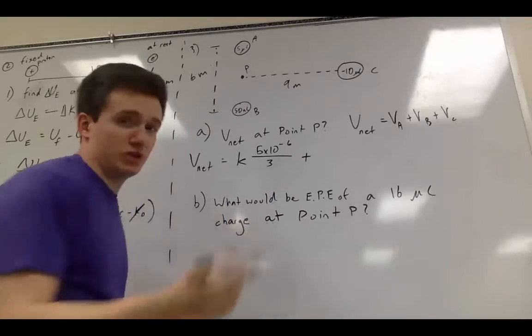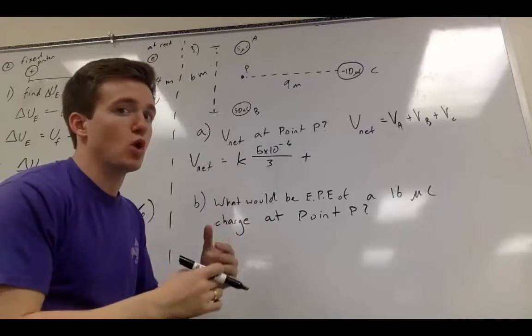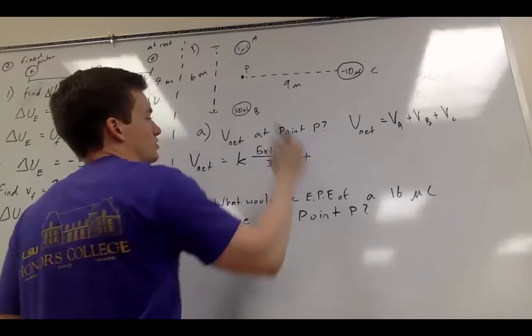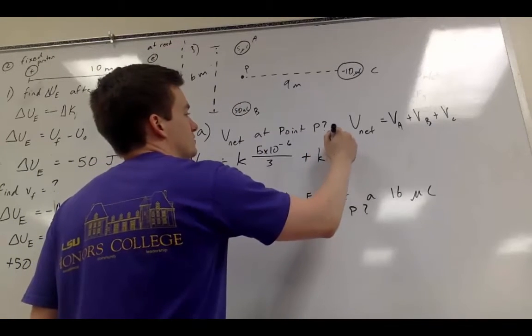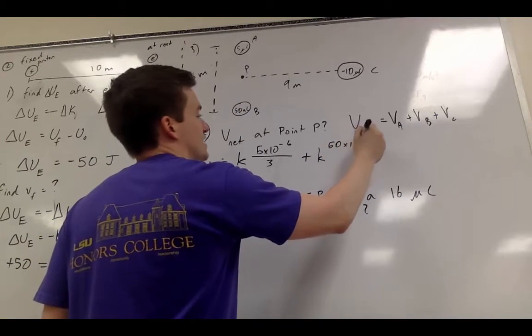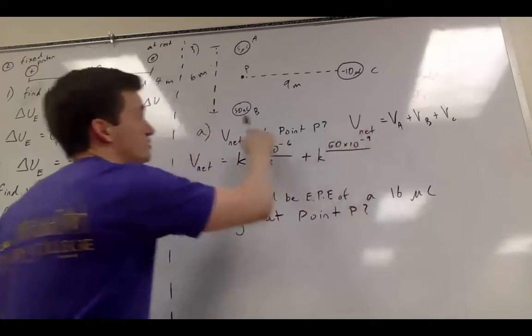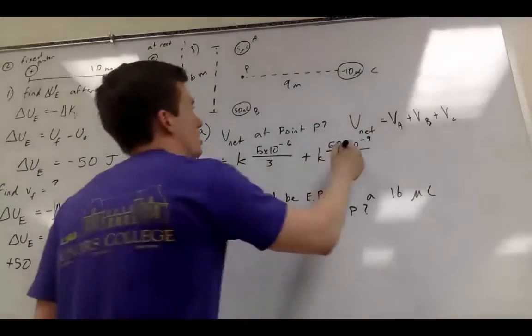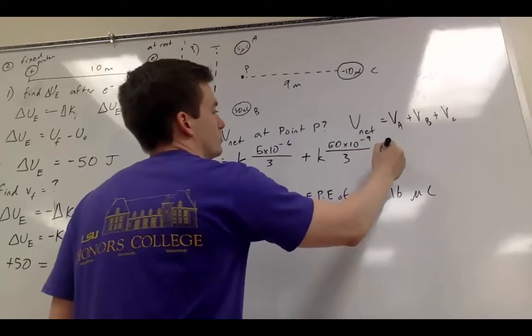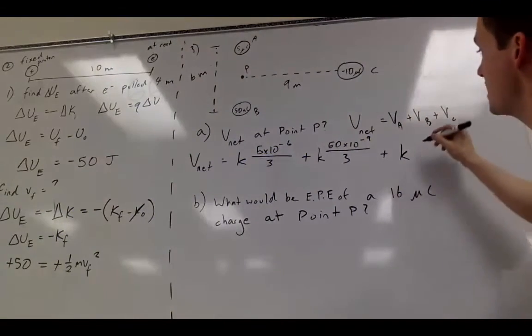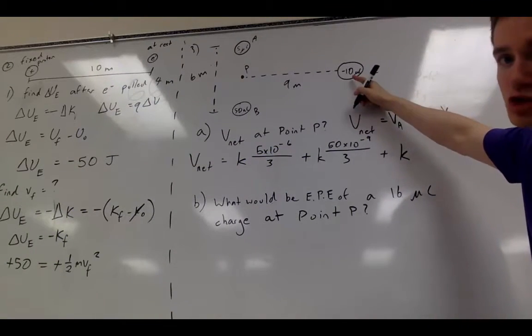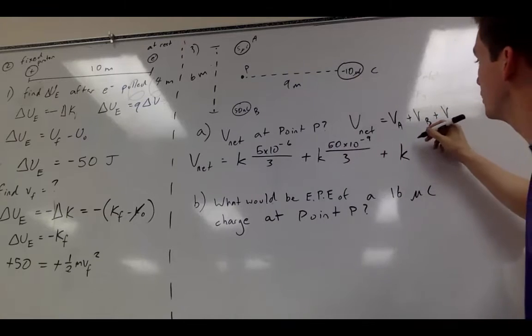Plus, I say plus because the negatives will just be taken care of in the wash when we plug them in. The potential from that, K times 50 times 10 to the -9. Notice it's 9 because it's nano. Divided by 3 again. Plus K times this charge, QC, which is negative 10 microcoulombs.